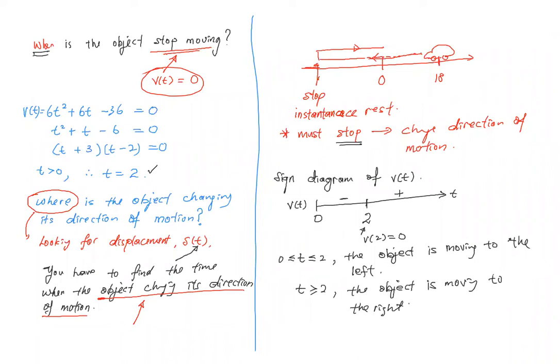So after I get the time, then only I answer this question. So to give the answer, all these are explanation. So to answer this question, I have to find the time. Then after that, I put s(2), that is equal to, so you can use your graphic calculator.